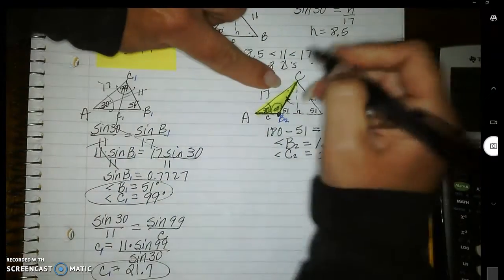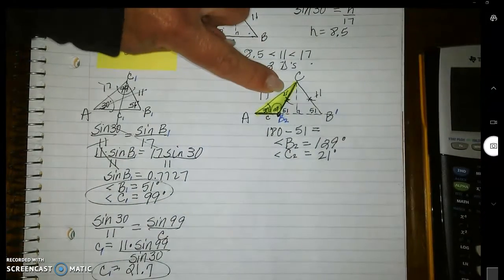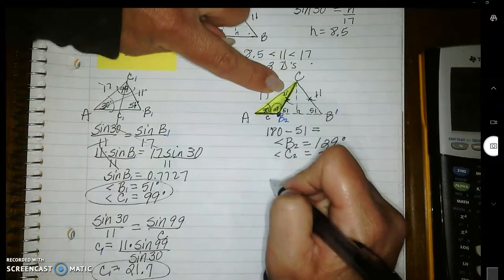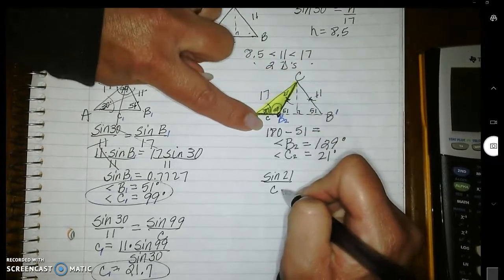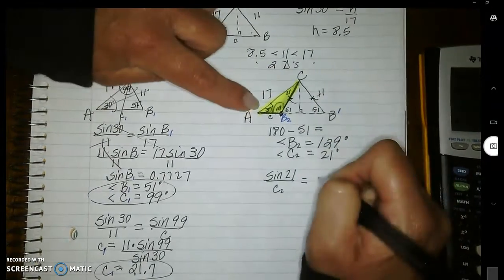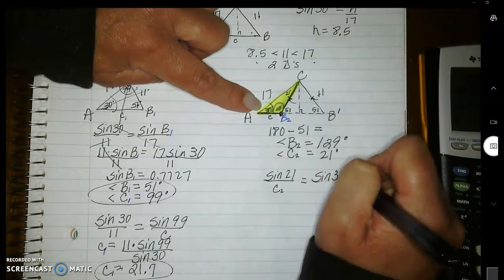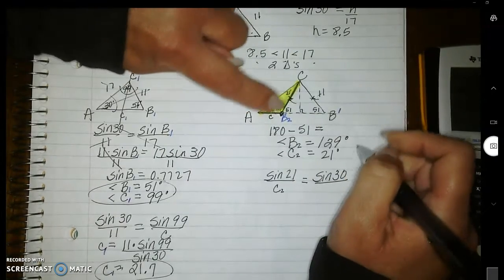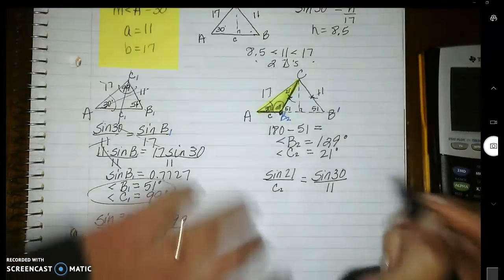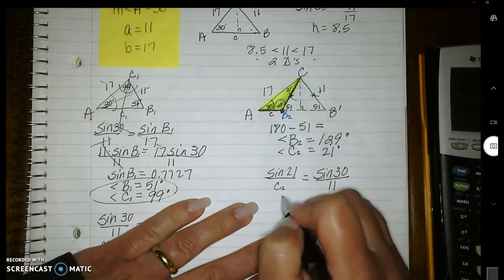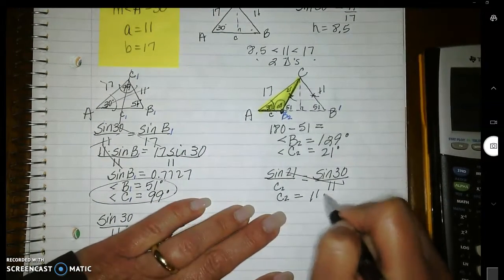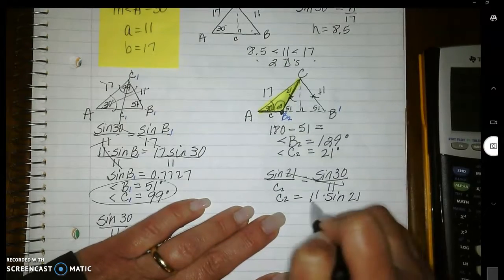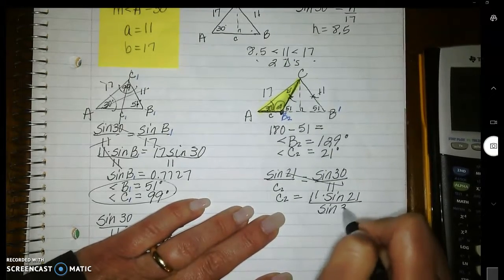So now that I know that this is 21 degrees, I can go do law of sines again. The sine of 21 over side C sub 2 is going to equal the sine of 30 over, what was this side again right here? It was an 11. So C sub 2 is going to equal 11 times the sine of 21 divided by the sine of 30.